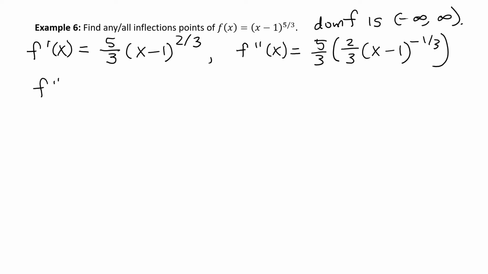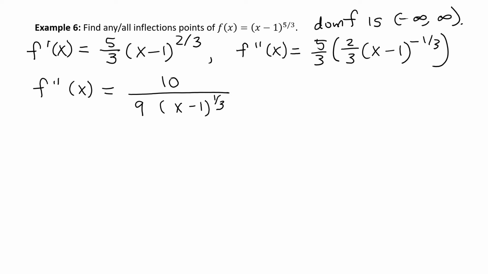Simplify that. We can write the second derivative, f double prime of x, is equal to 5 times 2 gives you a 10 in the numerator, and in the denominator 3 times 3 is 9. And let's move that expression that has a negative exponent in the numerator down into the denominator. So we can write that as x minus 1 to the 1/3, no negative, in the denominator.